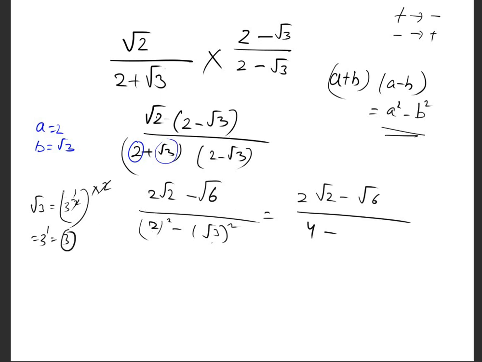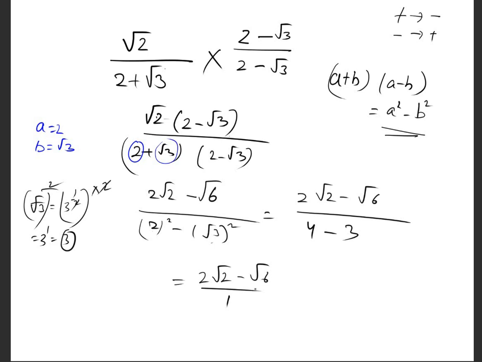Whenever a square and a root come together, they cancel each other, so root 3 square becomes 3. So finally, what does this become? Oh, 1.